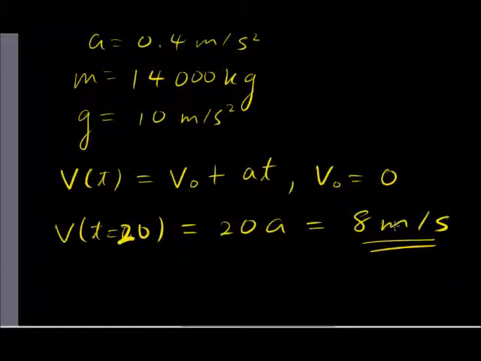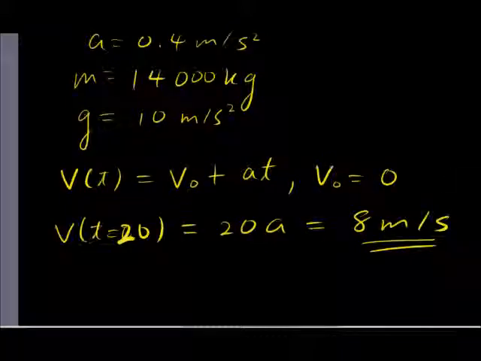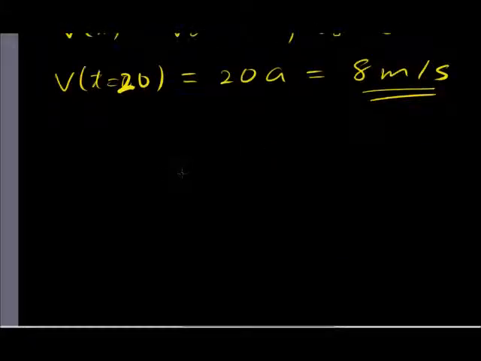And for part 2, we need to determine the resultant force acting on the helicopter as it rises. So let's represent the helicopter by this object here. So basically there are two components of forces acting on the helicopter. One is the force of lifting, which accelerates the helicopter upwards, and the other one is the gravitational pull.